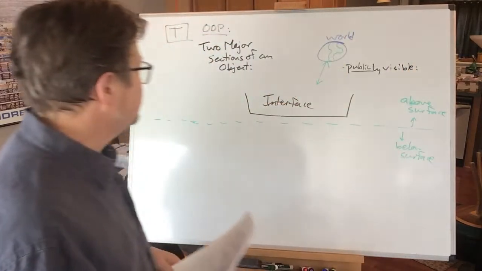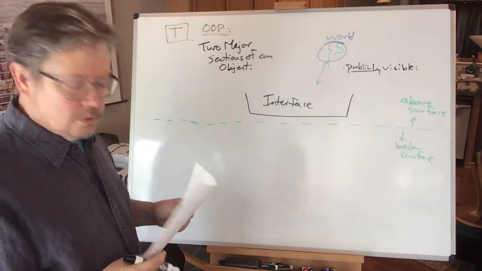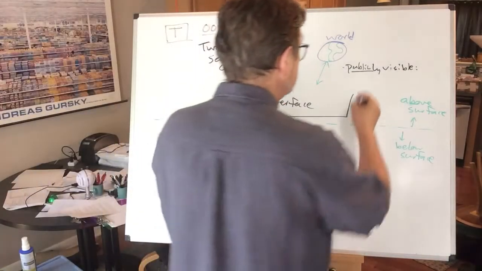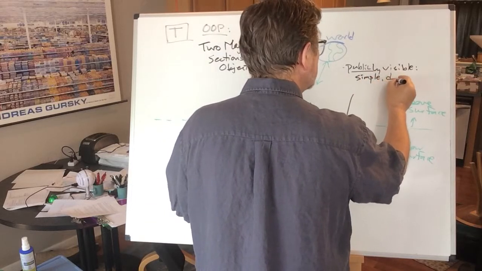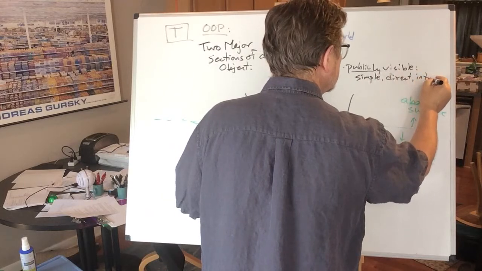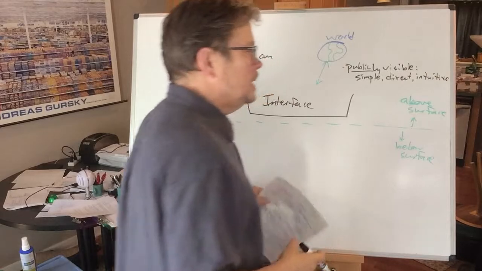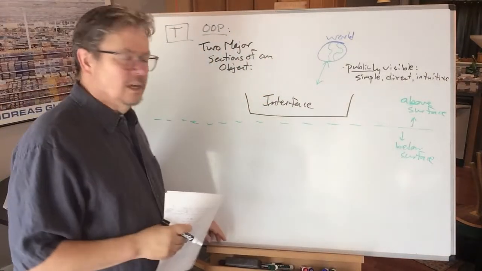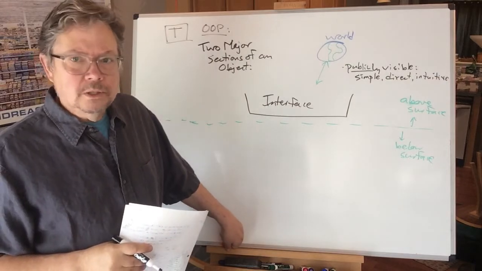The interface part of an object is publicly visible, and if it's going to be of any use at all, it's got to be simple, direct, and intuitive. Words to live by. Simple, direct, intuitive. One of the things you learn in interface programming, now called mobile app development, is that if your interface is not simple, direct, and intuitive, then nobody is going to use your app.